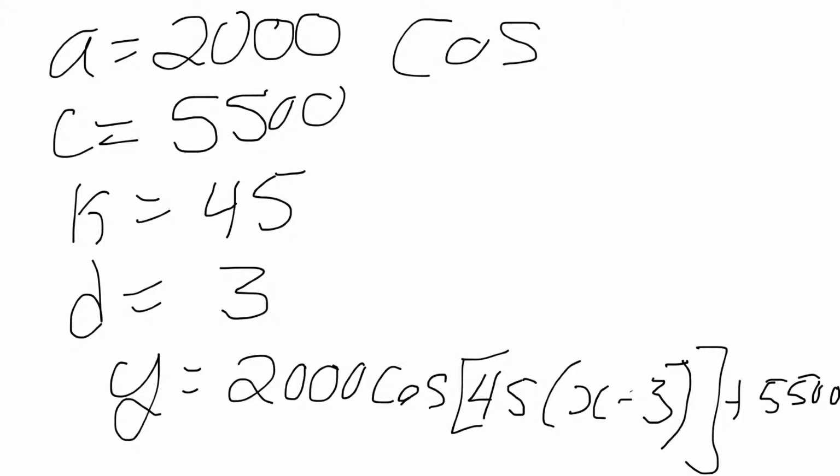So our final answer for this question is y equals 2,000 cos, bracket 45, bracket x minus 3, close bracket, plus 5,500.